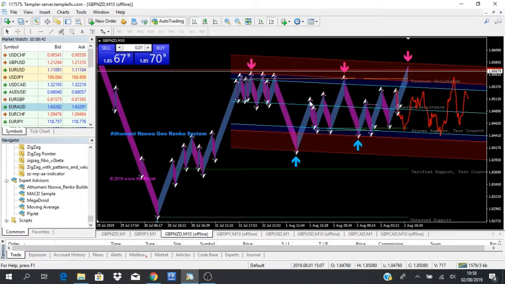So there were some times I was getting into wrong entries, whereby I ended up buying, but the market goes against me.